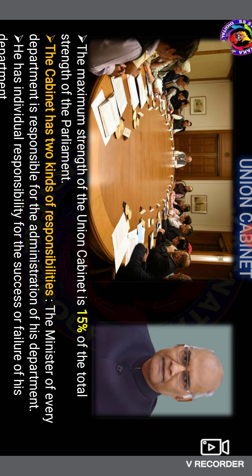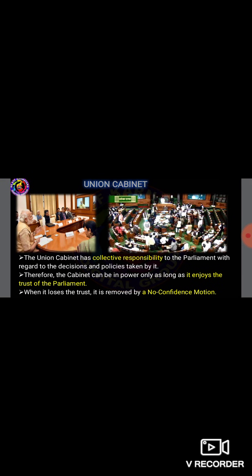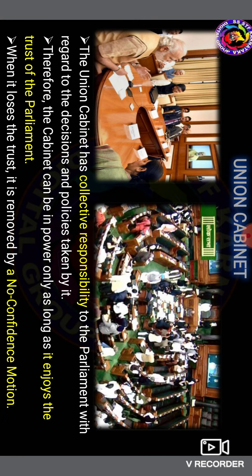The first: the minister of every department is responsible for the administration of his department, and has individual responsibility for the success or failure of that department. And the Union Cabinet has collective responsibility to Parliament with regard to the decisions and policies taken by it.